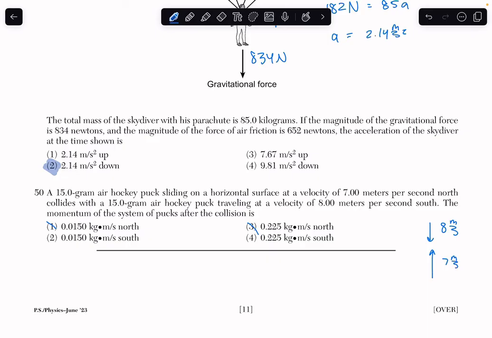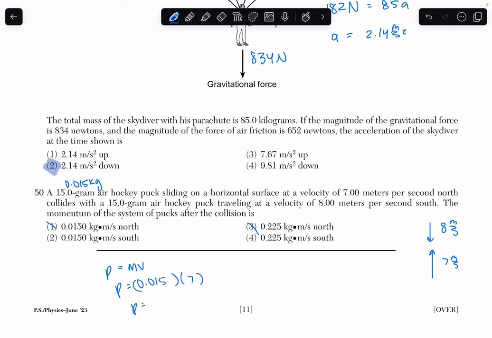Now we know that there is a conservation of momentum, which means that these two pucks together end up being the same thing as they once were. The momentum of the first puck is P equals mv. That's our equation. Both of them are 15 grams, which is 0.015 kilograms. So it's 0.015 times 7.